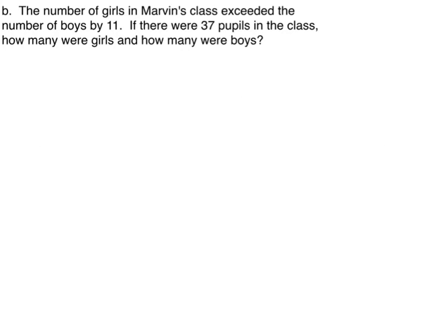B says the number of girls in Marvin's class exceeded the number of boys by 11. If there were 37 pupils in the class, how many were girls and how many were boys? Okay, so we know that the number of girls is not equal to the number of boys. So what would we have to do to make those two things equal?